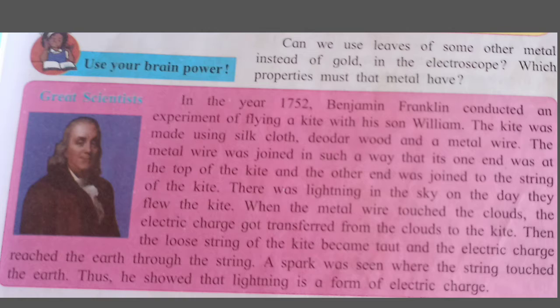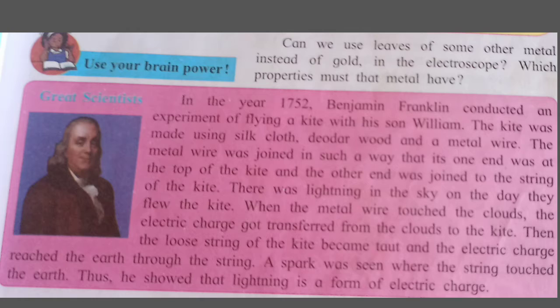See, whichever kite you make is made up of paper or thread. But here what did they use? A silk cloth, deodar wood and metal wire. The metal wire was joined in such a way that its one end was at the top of the kite and the other end was joined to the string of the kite.